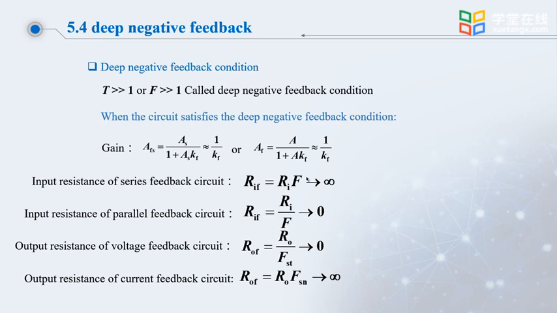Because the feedback depth is much greater than 1, we can think of it as approaching infinity. The input resistance of the parallel feedback circuit equals the input resistance of the basic amplifier divided by the feedback depth. Because the feedback depth is much greater than 1, the input resistance of the closed loop approaches 0.